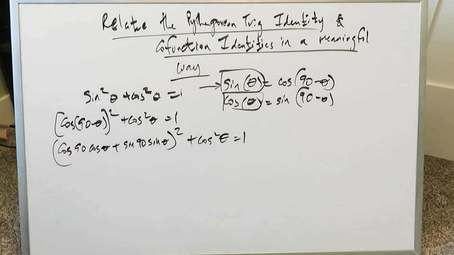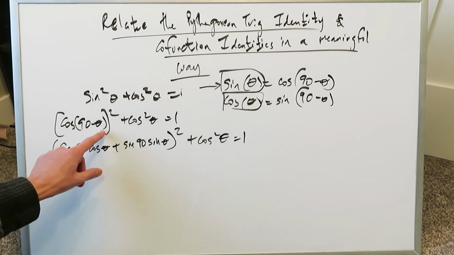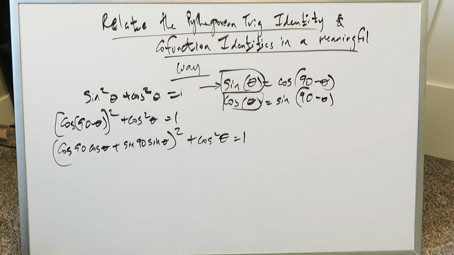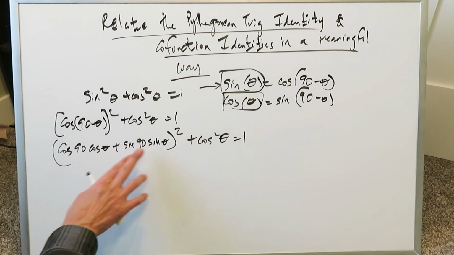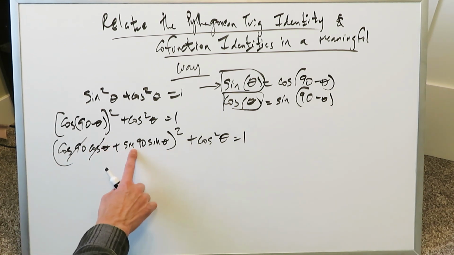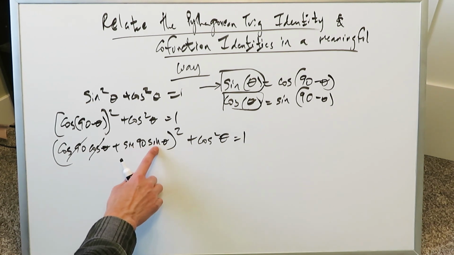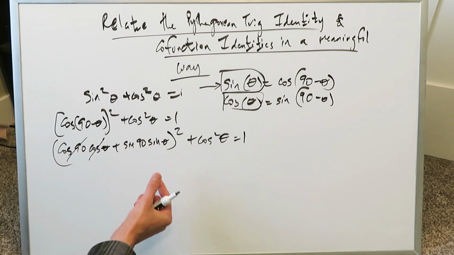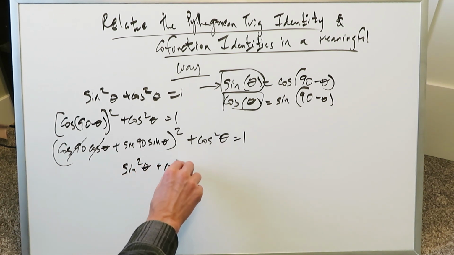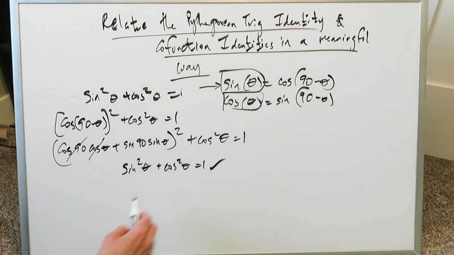Remember, the difference formula for cosine x minus y would be cosine x cosine y plus sine x sine y. You have to remember those trigonometric identities. Open this up. Cosine 90 is a 0, all of that zeros out, but sine 90 is a 1. 1 multiplies with the sine theta, you retain the sine theta. You'll have a sine square theta plus cosine square theta is equal to 1, and we know indeed that is true, so that has been done.